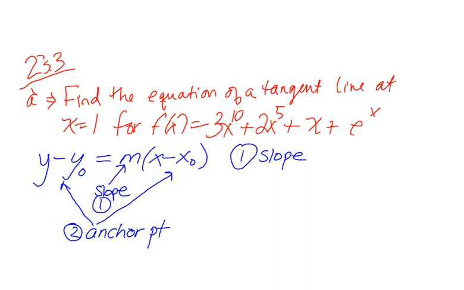Okay, so the first thing I do is I find slope. Well, what is slope? Slope is the derivative. I'm not just finding the slope, I'm finding the slope at 1 in particular, right? So once I find the slope everywhere, then I just plug 1 in, and I have the slope of the line I'm looking for.